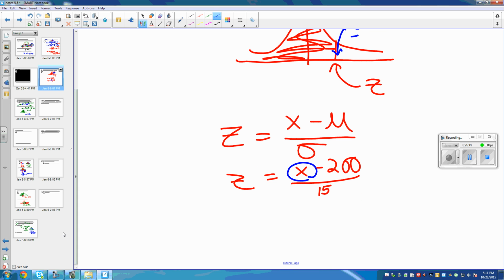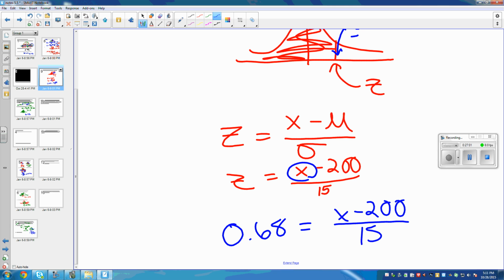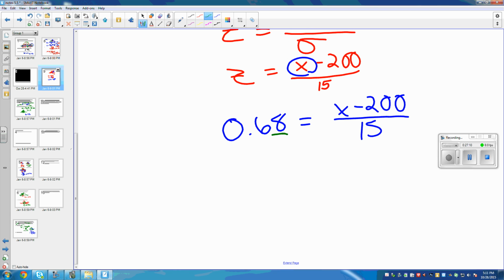Well, we can do this a couple ways. We need to solve for X. You guys really like this line equals line, so I make this thing over 1 and we cross multiply. So 0.68 times 15 gives us 10.2.